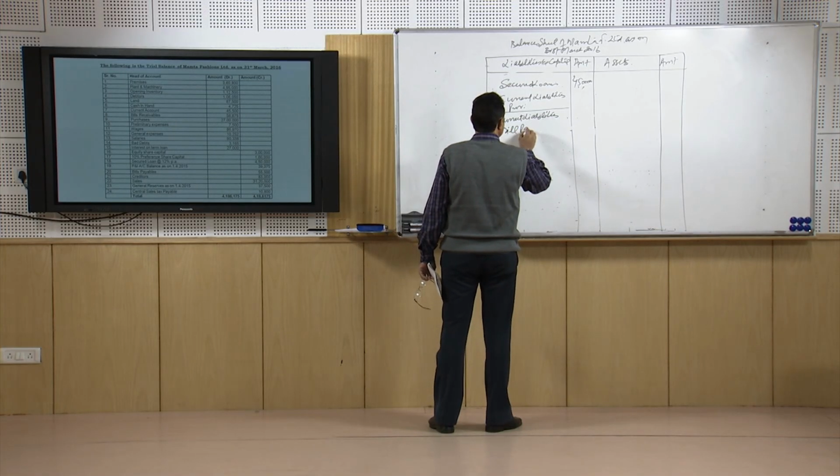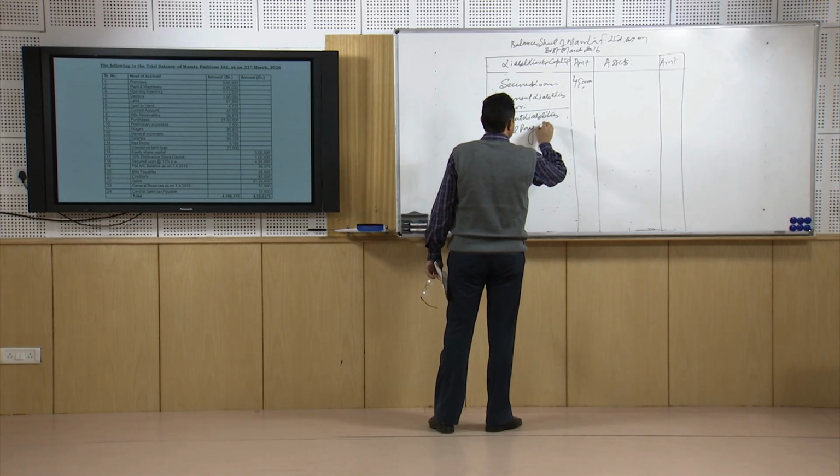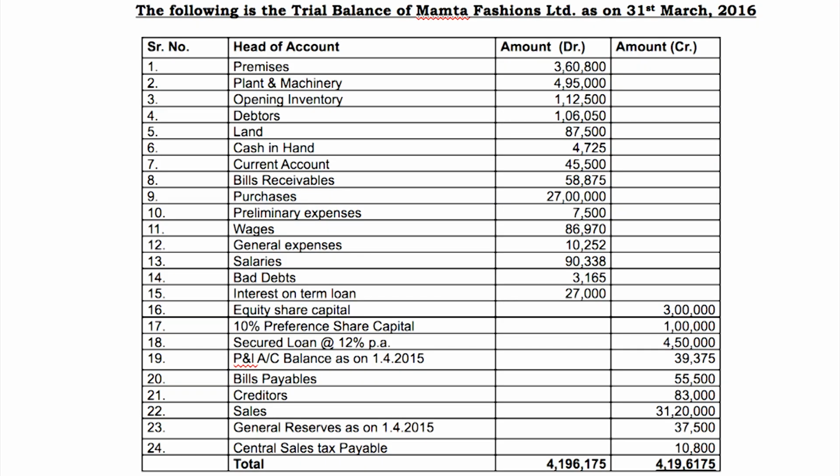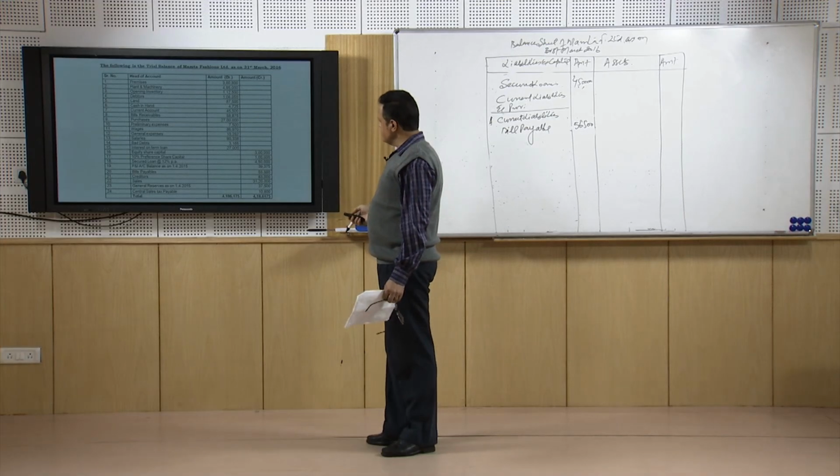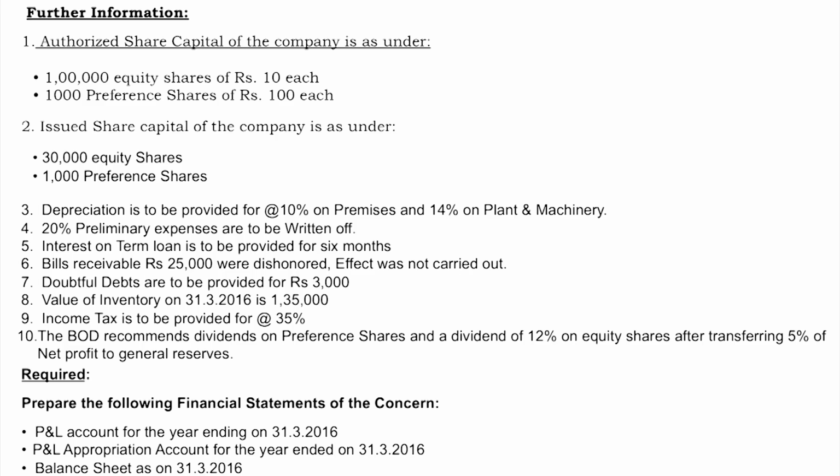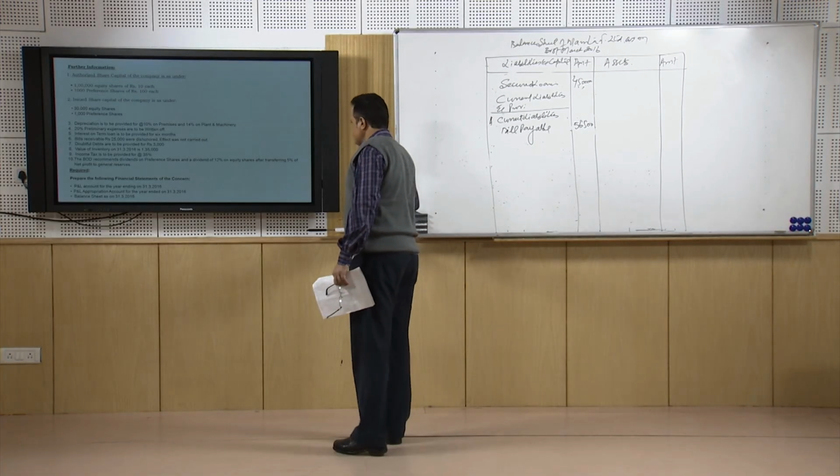Bills payable are 55,500. So let us check, is there anything to be added here, or something given in the additional information: depreciation, preliminary expenses, interest, bills receivable, doubtful debts, value of inventory, and there is nothing else. So we have done this.